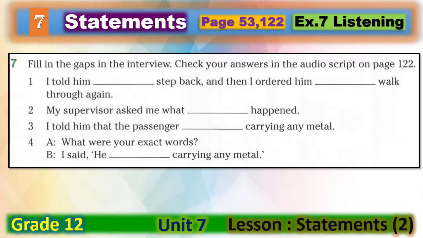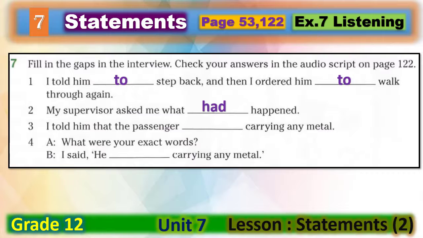Welcome back. Now let's check your answers. I told him to step back. What's your answer? Good. 2, step back. And then I ordered him to walk through again. 2, walk through again. Good. My supervisor asked me what had happened. What had happened?